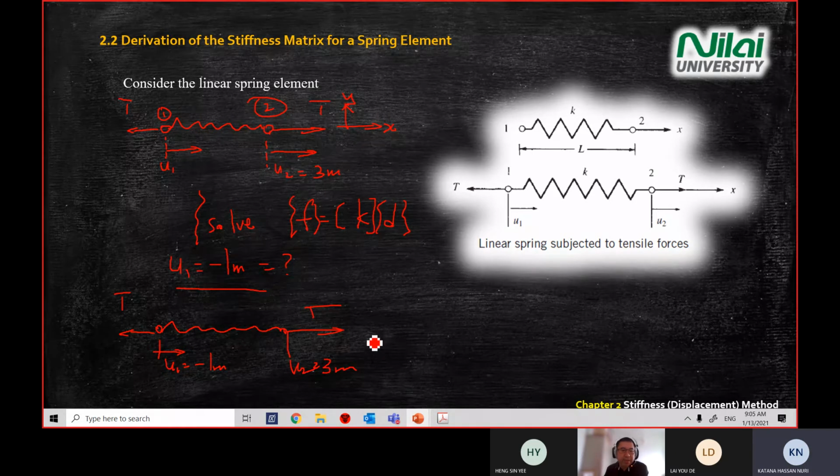Yes. Okay. Now you look at the answer that you have in your calculation. So what does this presentation mean to you? U1 equal to negative 1 meter. Why is there a negative there? Because it's in the opposite direction. Correct. So when you try to solve a question, be careful with your free body diagram.